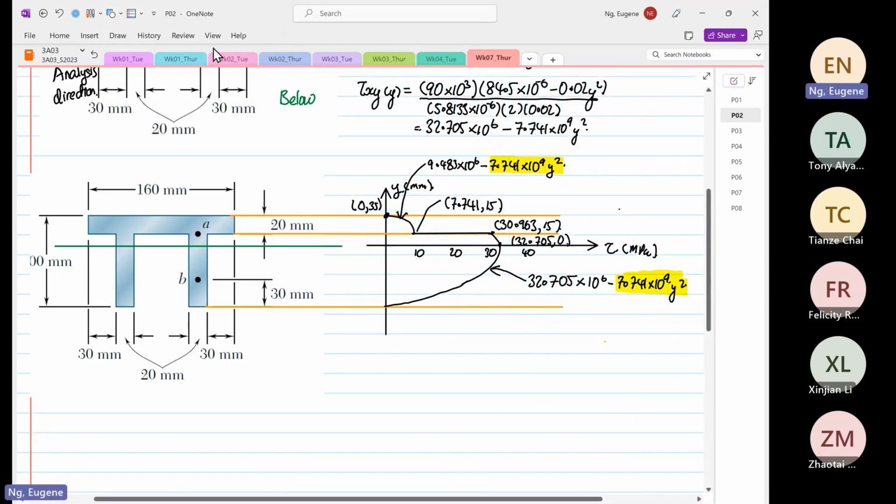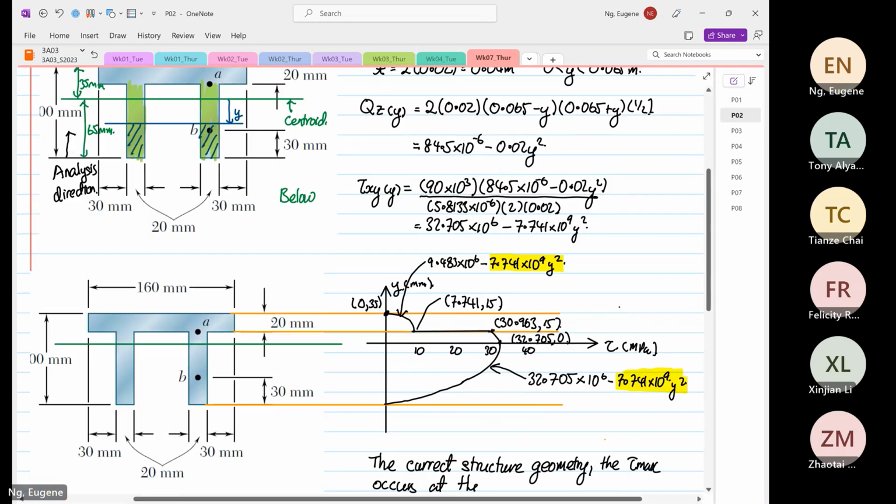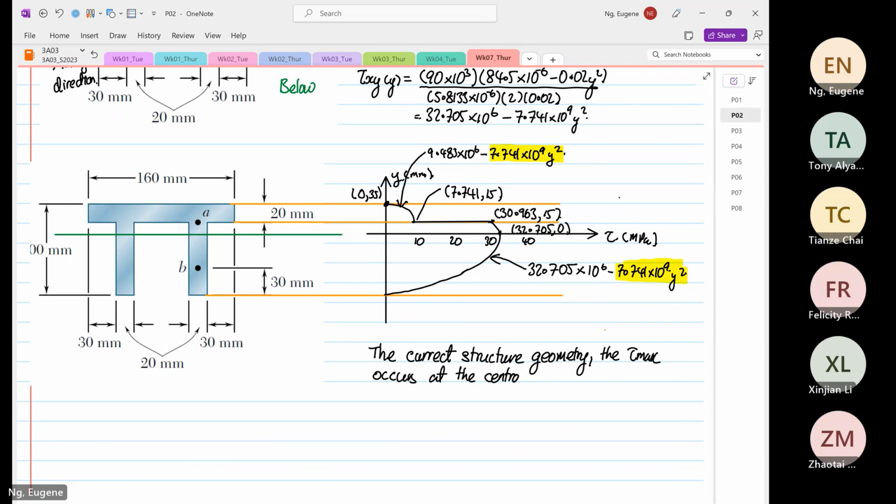So for this case, tau max occurs at the centroid.